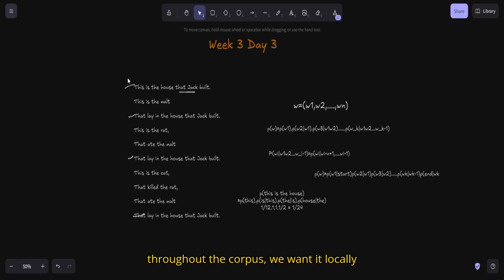Like jack should be calculated only for the words where there is "that". I don't want jack for every condition, because there might be some jacks somewhere else, and I don't want that one affecting. So this is how N-gram models work. This is how your mobile autocorrect usually works. It tries to predict the next word like this. So this is the overview.